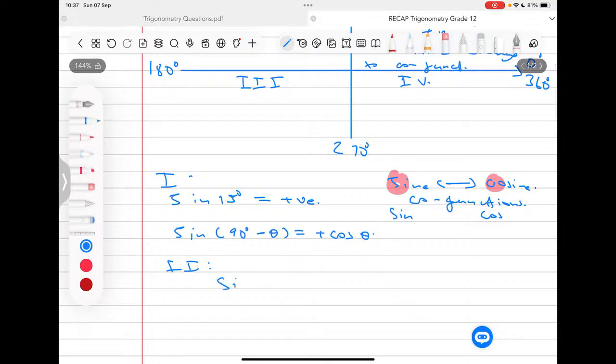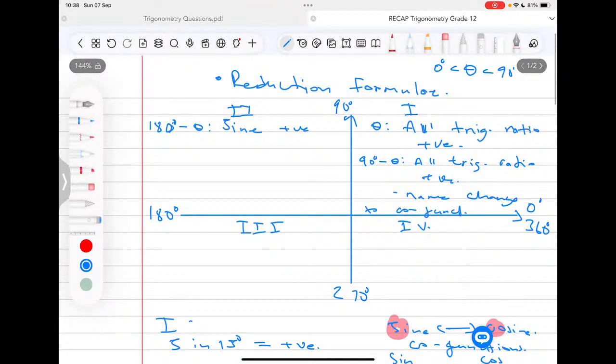If I were to have sine of 180 degrees minus theta, the first thing that I have to note is that this will be a positive number that I get here, and I'm going to then write this as it will reduce to sine theta. So I keep the sine the way it is, and then I take the theta there. But the only important thing that comes through is that this becomes positive.